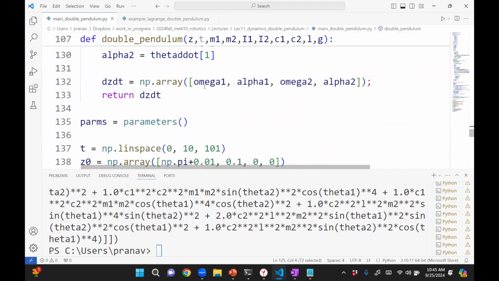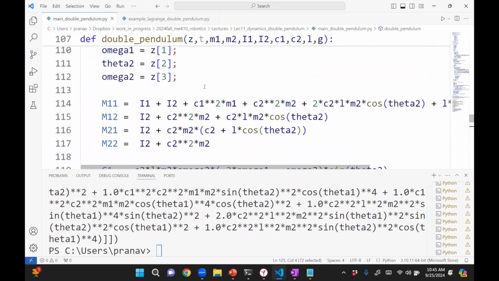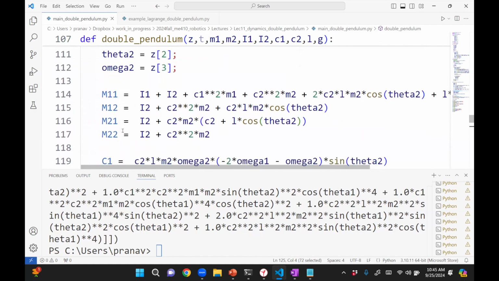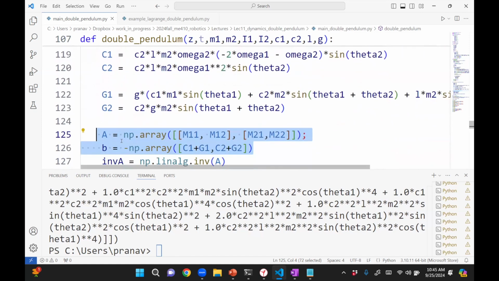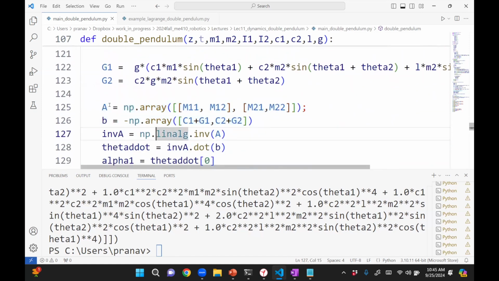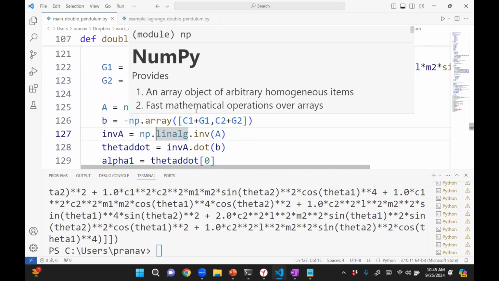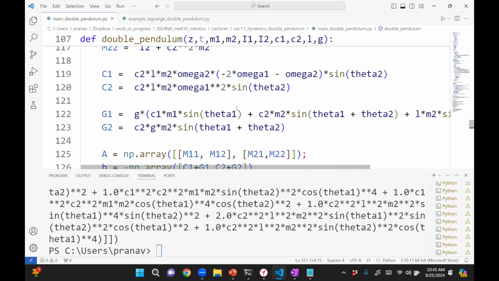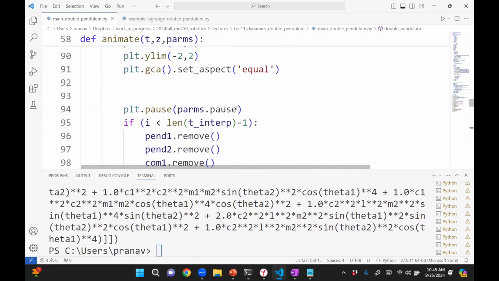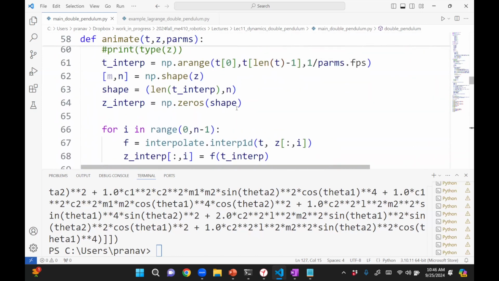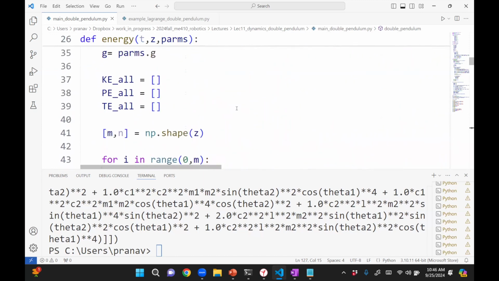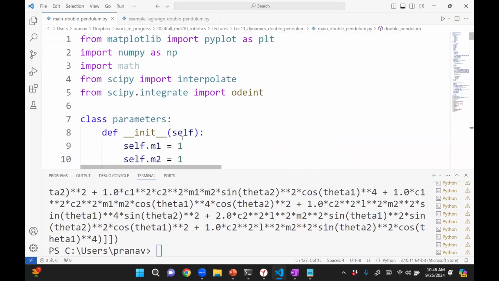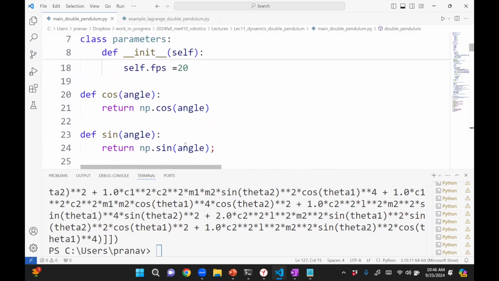So what I did in the code is I just save M11, M12, M21, M22, C1, C2, G1, G2. Then I populate A, which is a numerical value, then B, which is again a numerical value, and take the inverse numerically. So it's all a 2 cross 2 matrix, and that's much easier. The code here is essentially similar to some of the things we've done in the past, which is define parameters, right?